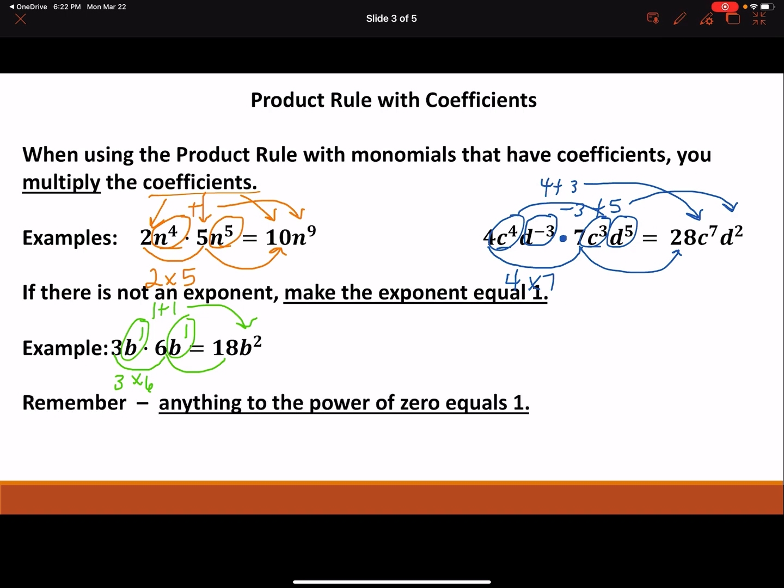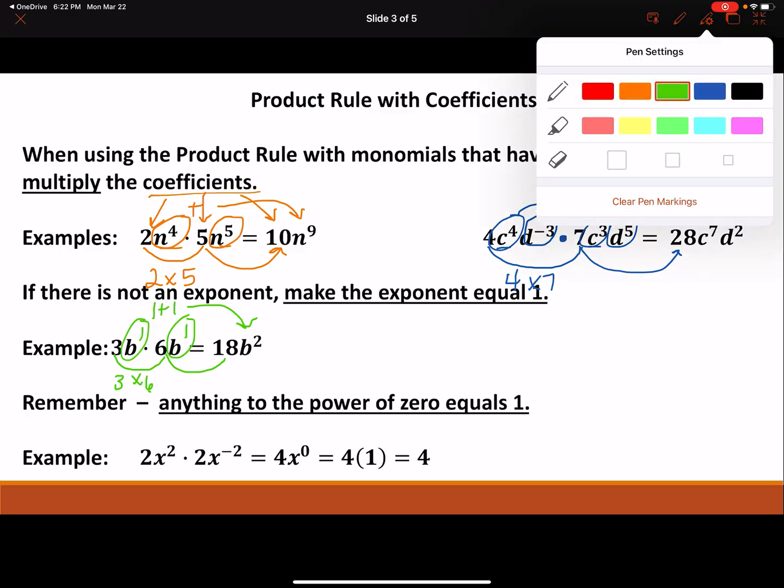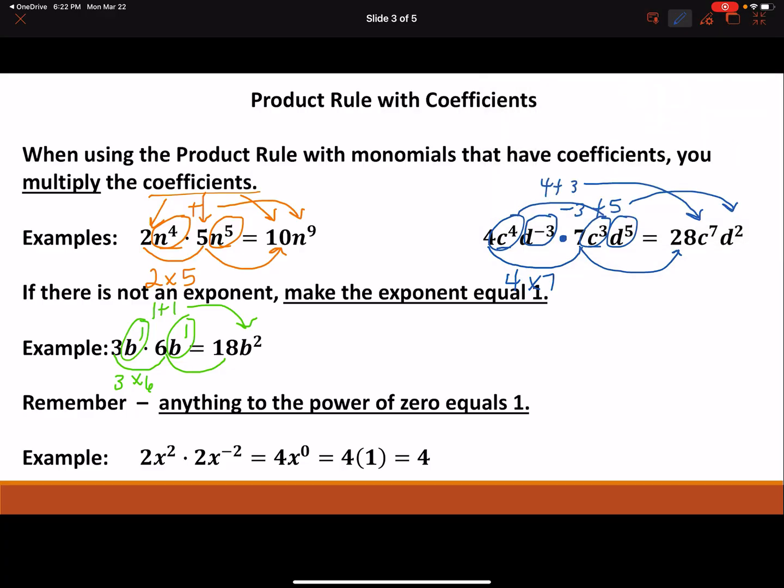Remember, anything to the power of 0 equals 1. So we're going to see some of that within this lesson as well. Here's this example, 2x squared times 2x to the negative 2 power. I'm going to take those coefficients, 2 times 2, and that's going to give me 4.